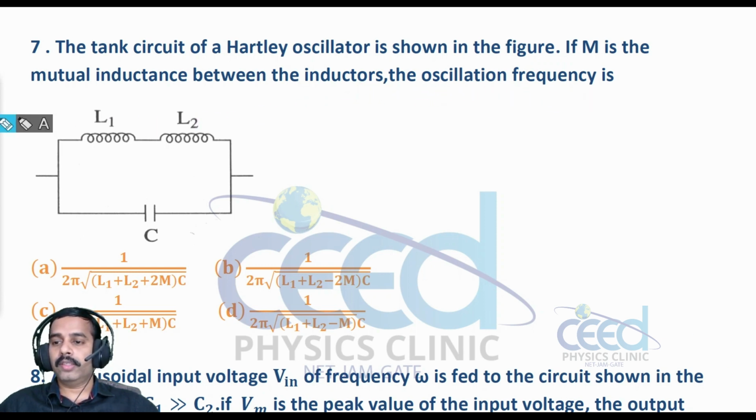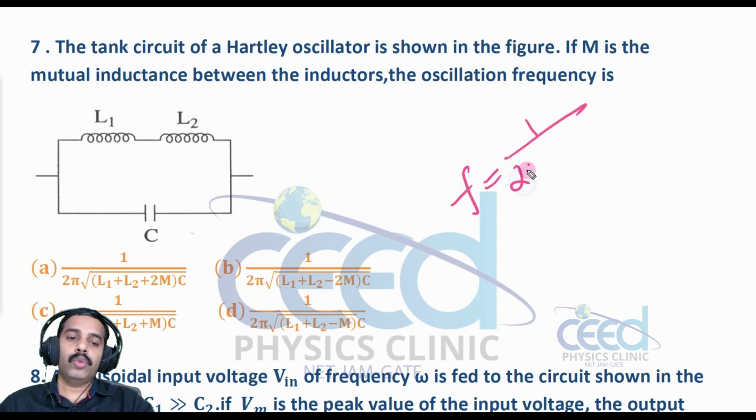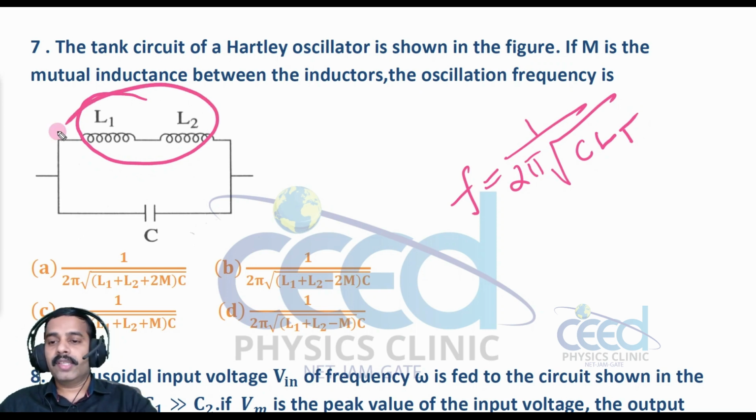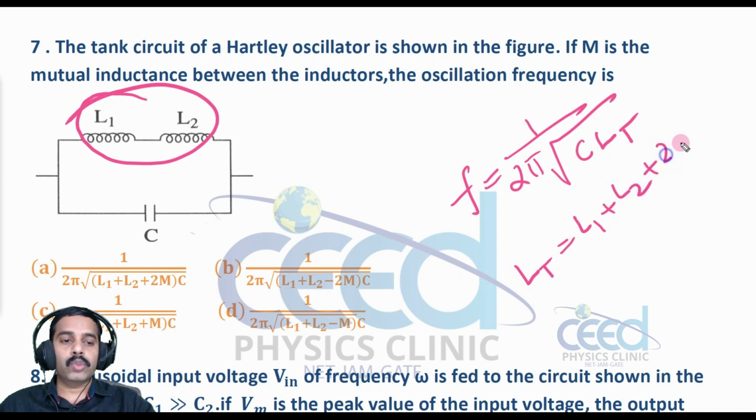We have already studied that in a Hartley oscillator the frequency is equal to 1 by 2 pi root C LT, where LT is the effective inductance. As the coils are connected in series, the effective value of LT is L1 plus L2 plus 2M, where M is the mutual inductance between these two coils.